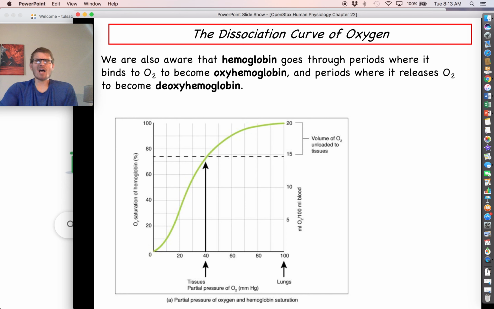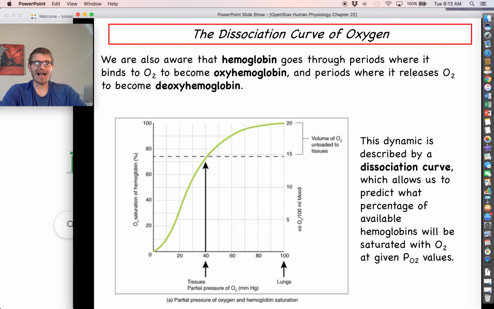Okay, so let's talk a little bit more about the ability of hemoglobin to bind to and to let go of oxygen. So we're aware by now that hemoglobin goes through periods in which it binds to oxygen and becomes oxyhemoglobin, and then it goes through periods where it lets go of oxygen to deliver it and becomes deoxyhemoglobin.